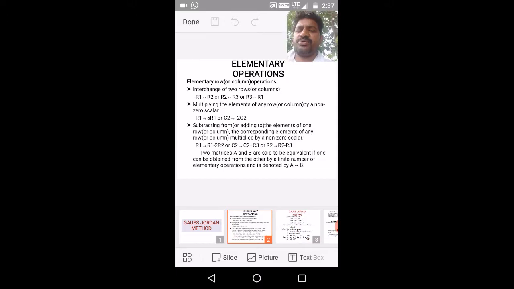Before going to discuss the Gauss-Jordan method or solving some problems using it, you have to clearly know about elementary operations in matrices.